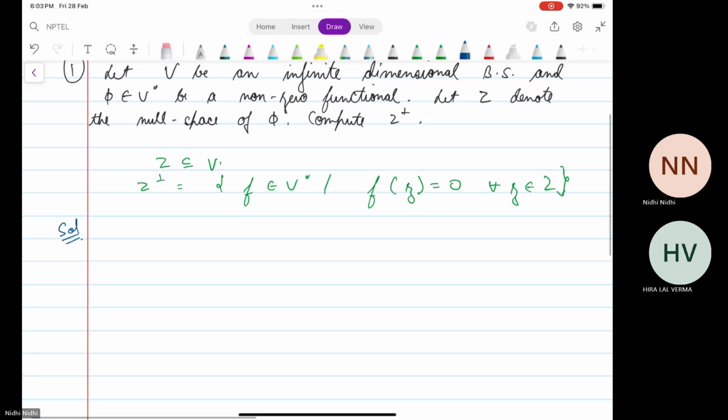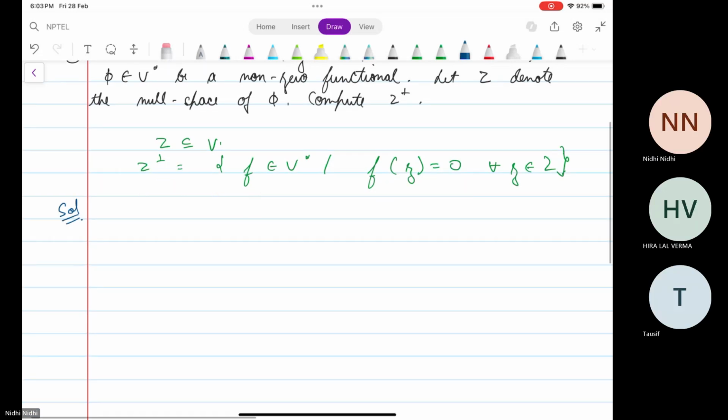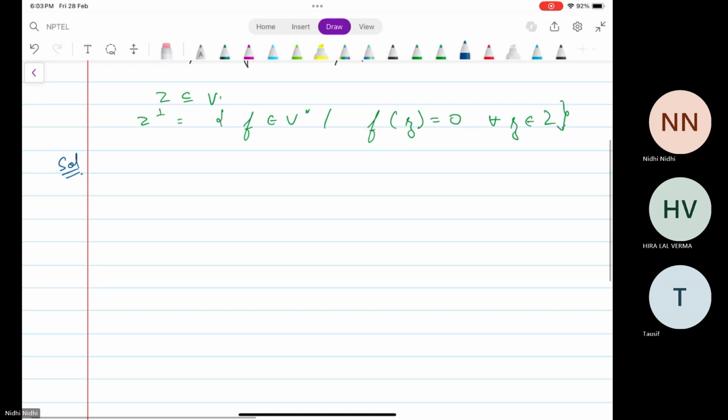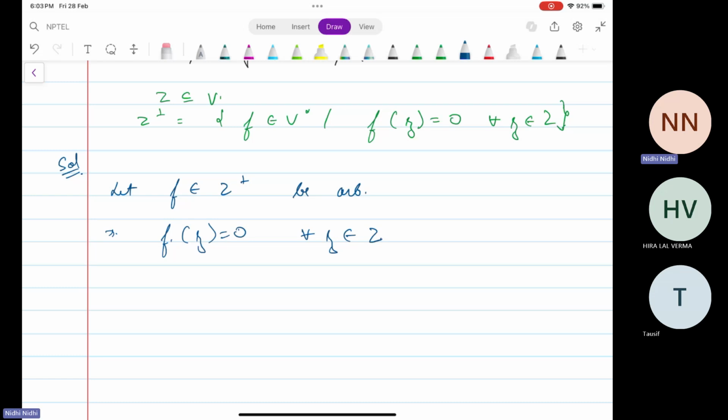Solution. Let f belonging to Z perp be arbitrary. Then f of z is 0 for every z belonging to Z. That means, since z belongs to Z, we have phi of z is equal to 0.